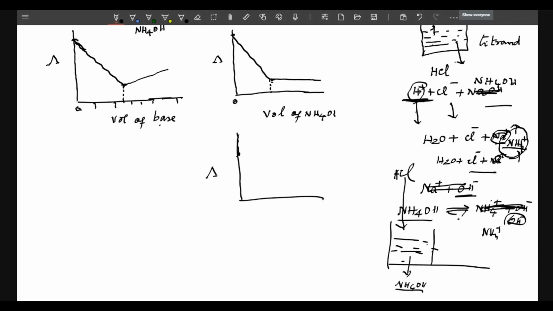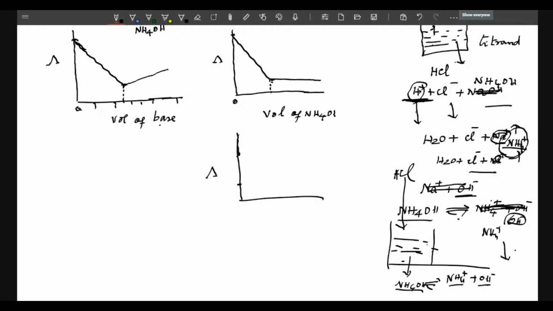Initially, a small amount of ammonium ion and OH minus ion would be present, because of very small ionization. In that small ionization, it will be present like this. The OH concentration and ammonium ion concentration are small, therefore conductivity would be very, very low.